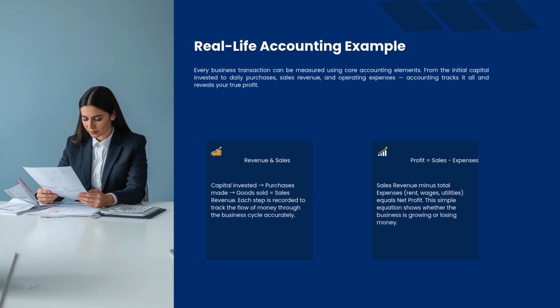And at the end, through the financial statements and reports, it shows how well you performed, how well you are able to meet your obligations, and how strong your position is.